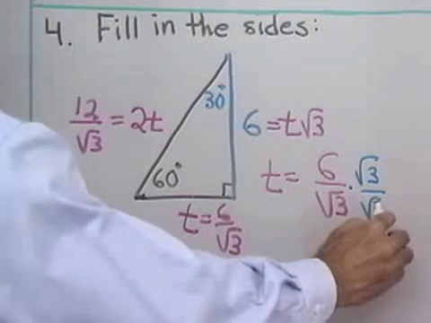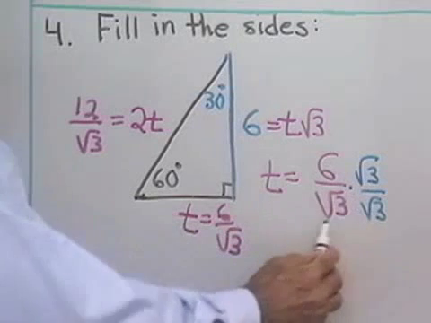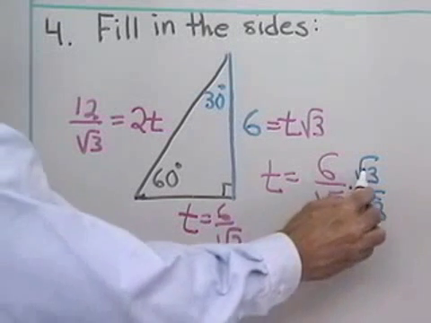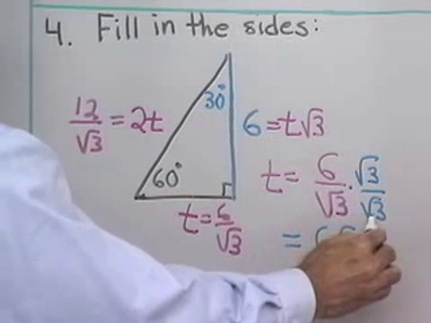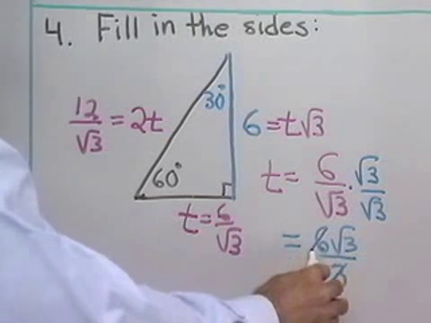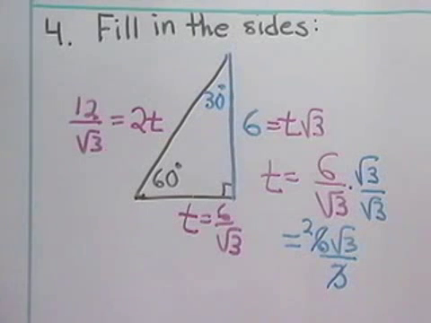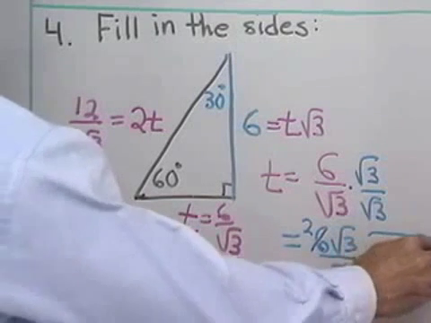I'll just do that real quick so we can see what this looks like. Multiply the numerator and denominator by square root 3. The numerator becomes 6 square root 3. The denominator is square root 3 times square root 3, which is just 3. That 3 will divide out with that factor of 3 that's in 6, and I end up with 2 square root 3.